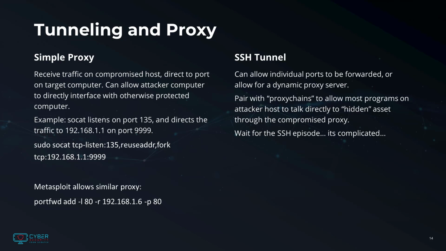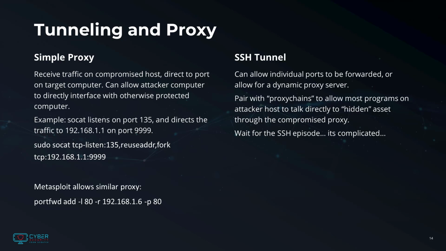There are a couple different ways to do this. A very simple proxy can be used with SOCAT, where SOCAT will listen on a particular port and direct traffic to another port. So it's simply a bent pipe from the system that's compromised to the target host. If the attacker is using Metasploit, there's a very simple proxy command, the portfwd command, which will allow them to set up an access point.